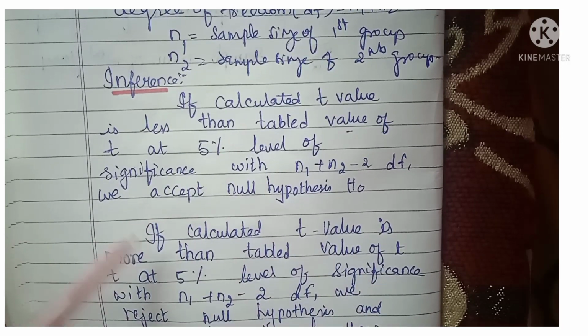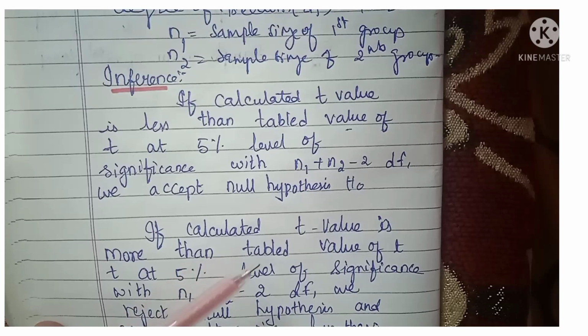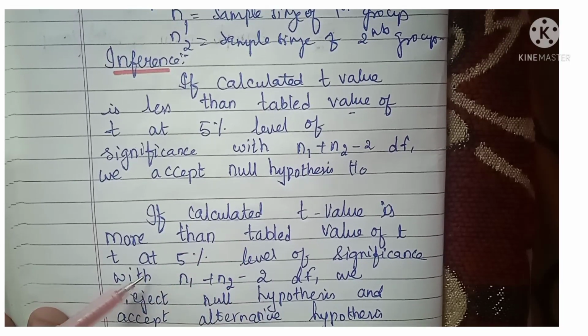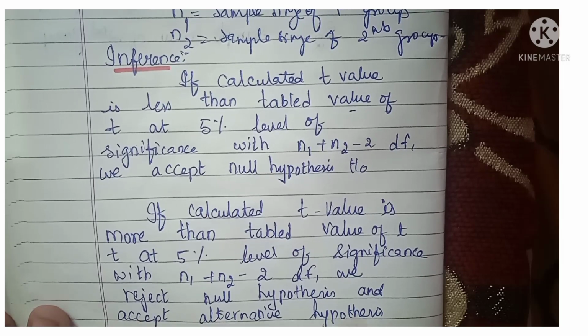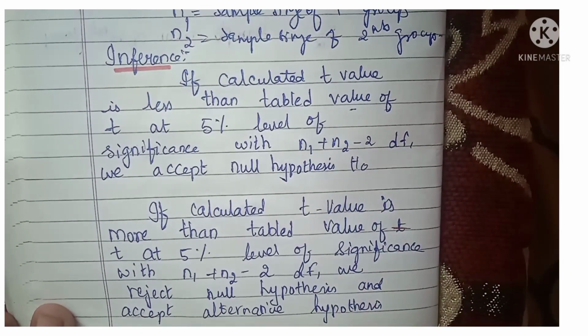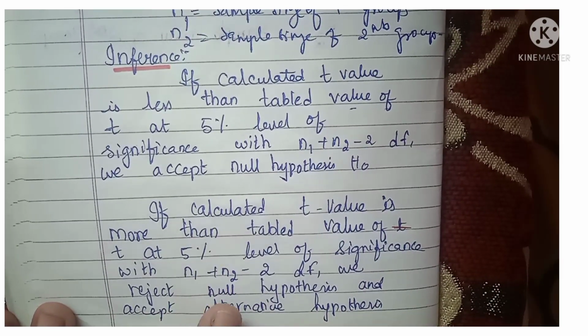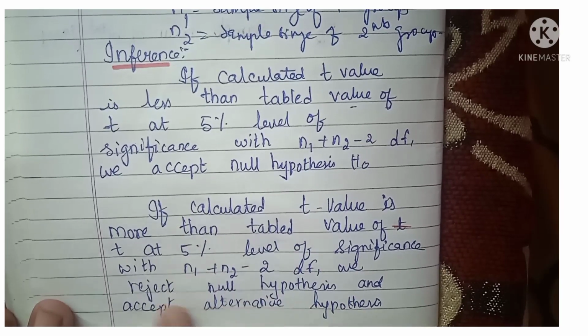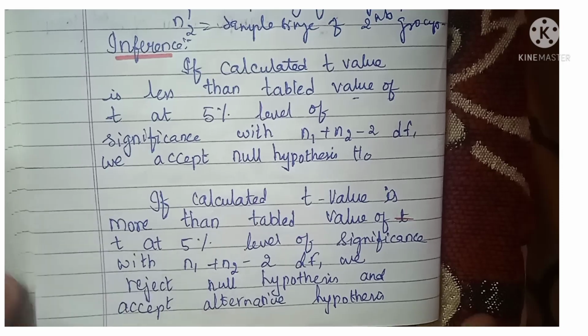Suppose the opposite, if the calculated t value is more than the table value of t at 5% level of significance with n1 plus n2 minus 2 degrees of freedom, we will reject the null hypothesis and accept the alternate hypothesis, that is, the research hypothesis.